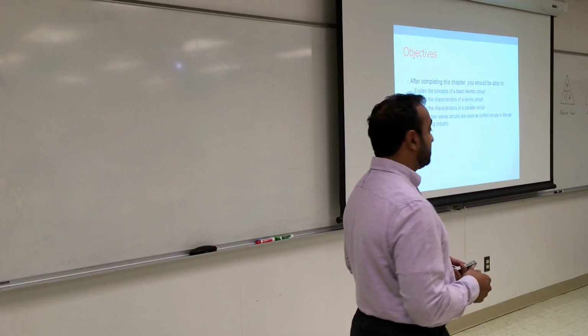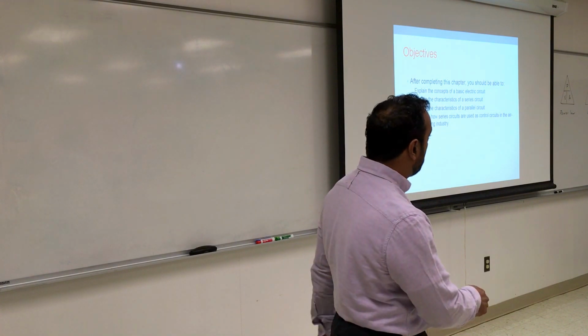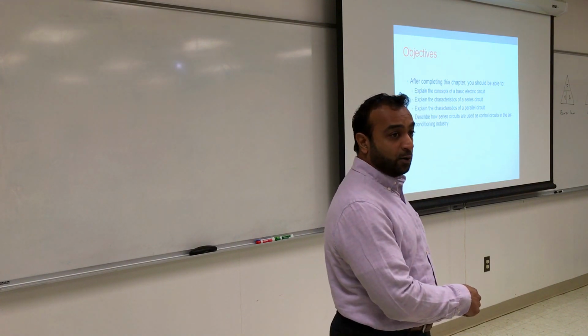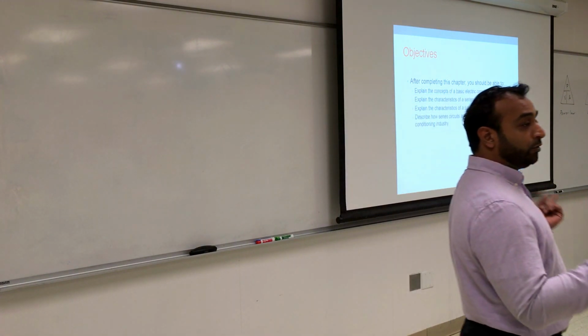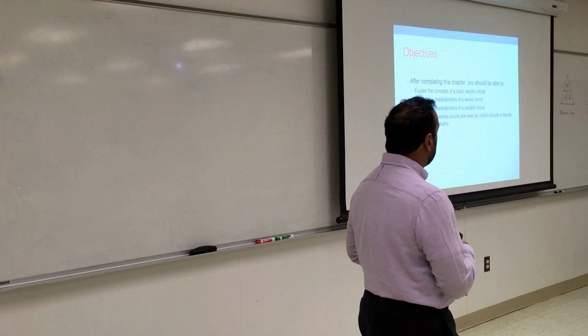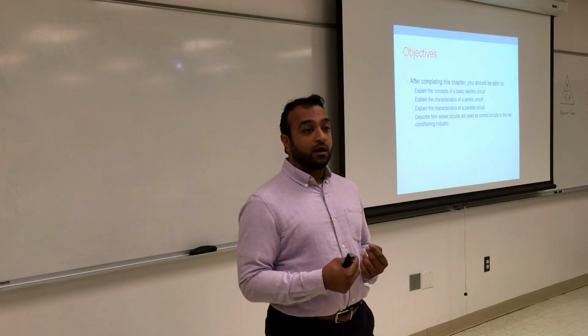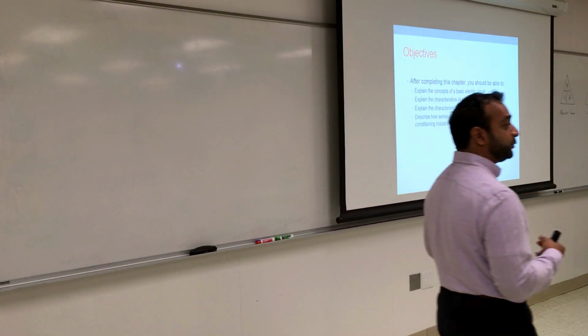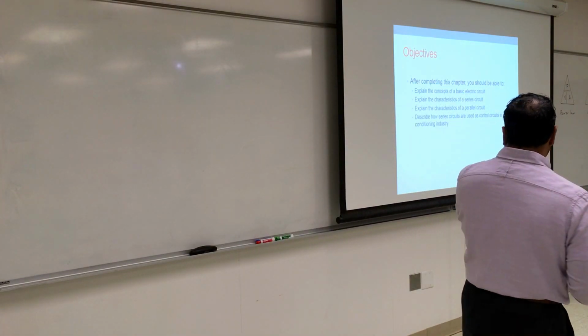We'll see the characteristics in terms of Ohm's law and power law. Again, we have those two laws that govern our basic electricity, and we'll see how those two types of configuration will affect our circuit.